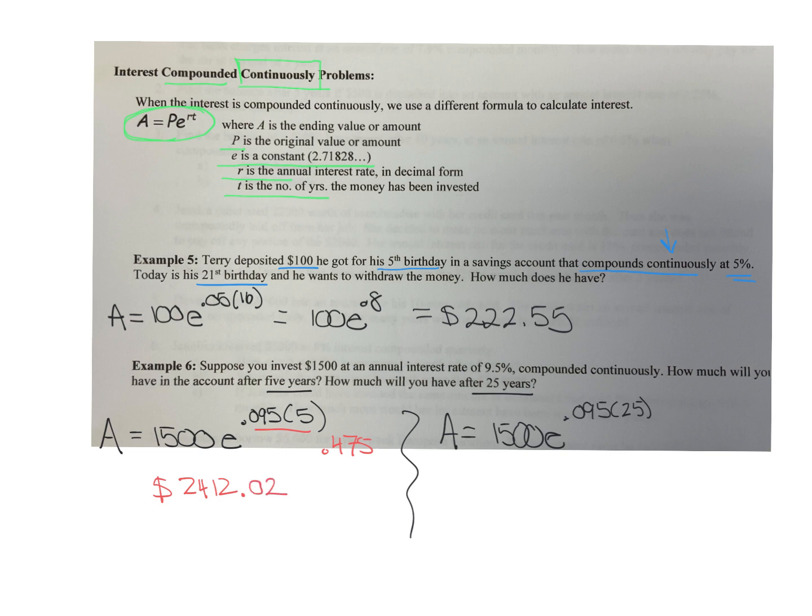For the other one, this right here is the same thing as 2.375. And you should get that you have $16,126.50.